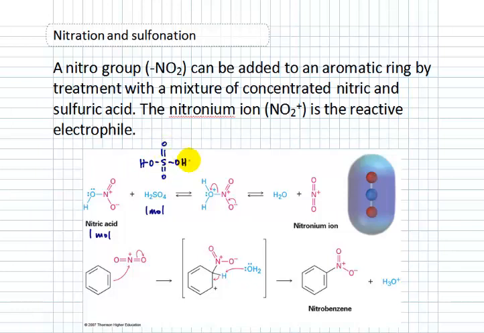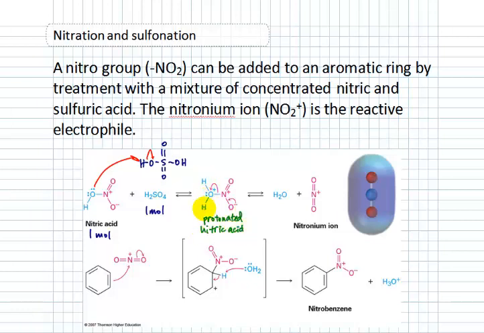Since sulfuric acid is the stronger of those acids, one of the lone pairs on the OH oxygen in nitric acid will attack the H, one of the acidic hydrogens in sulfuric acid. So I now end up with protonated nitric acid.